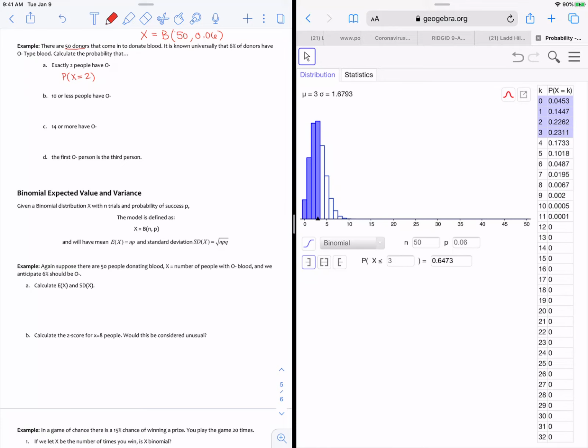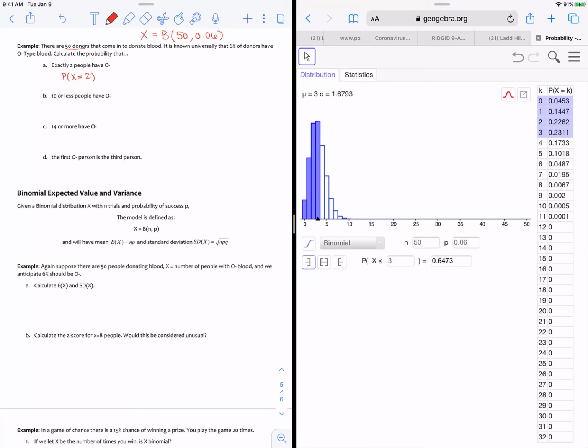From 12 on in our table, it's set to 0 because if we rounded to 4 decimal places, we would end up with 0. It doesn't mean there's absolutely no chance of this happening, but the probability rounded to 4 places is equal to 0. With a 6% chance of O negative blood, we're not likely to have more than 12 out of those 50 who have O negative. It just isn't reasonable.